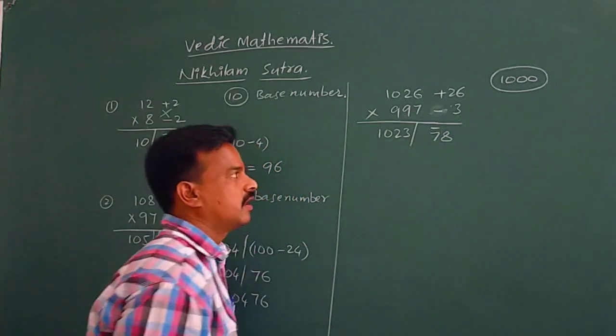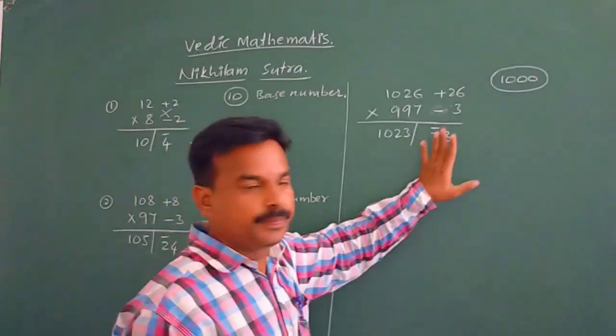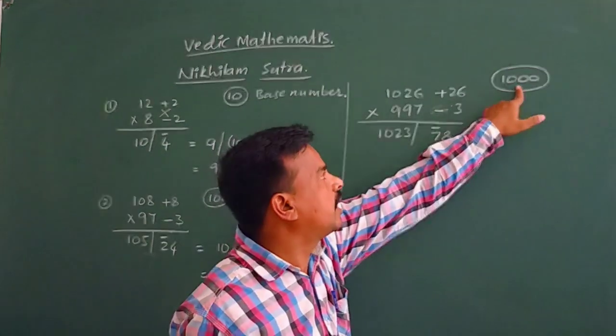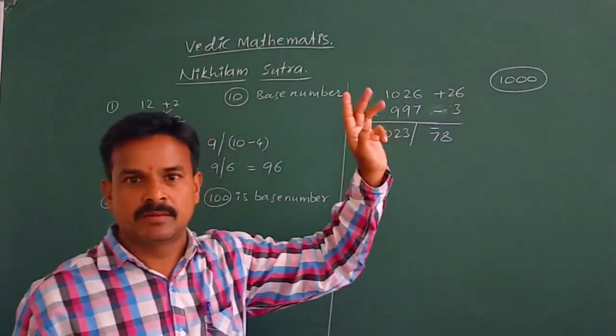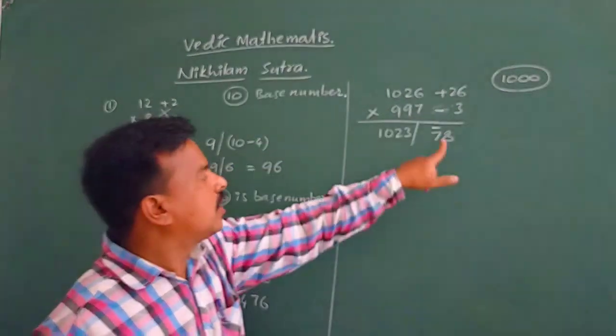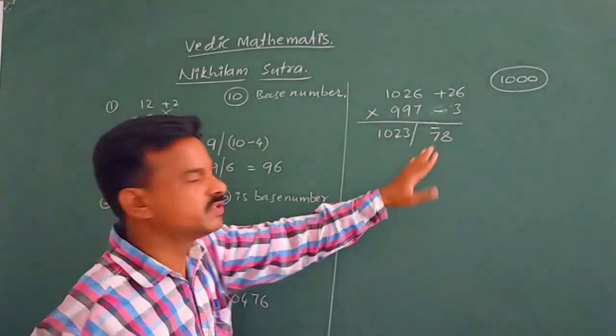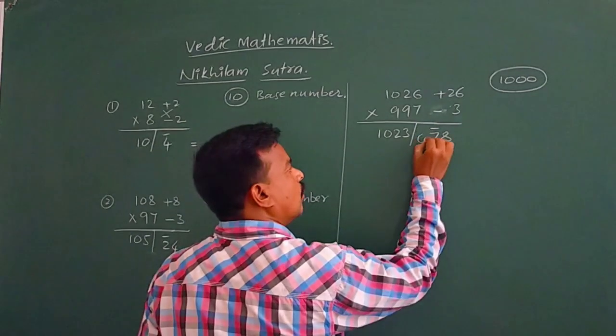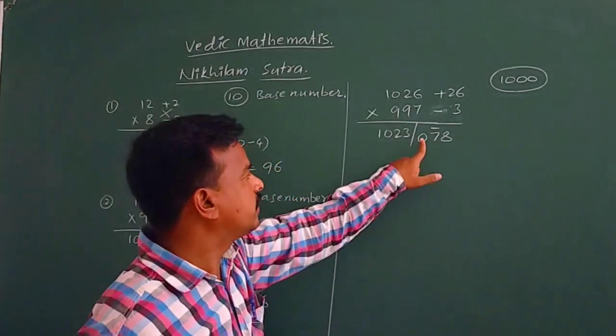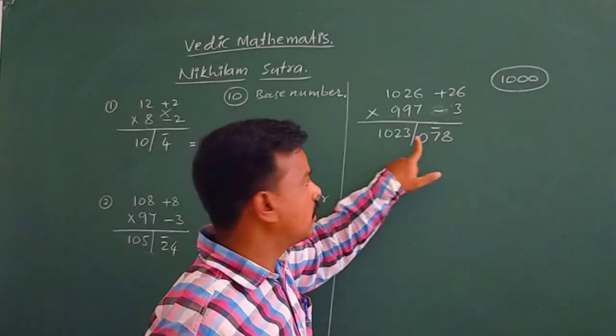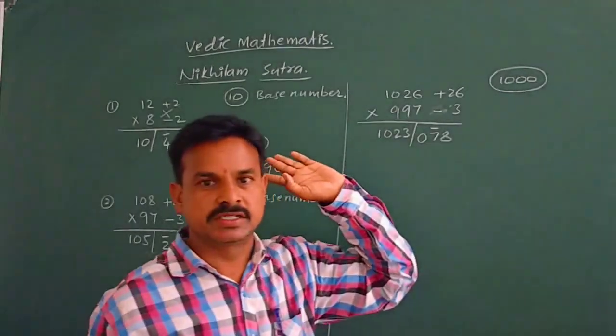This is minus. But you observe here, the base number has 3 zeros, but we got 2 digits only in the right side portion. That's why we have to add 0 as a prefix. Now we got 3 digits here.